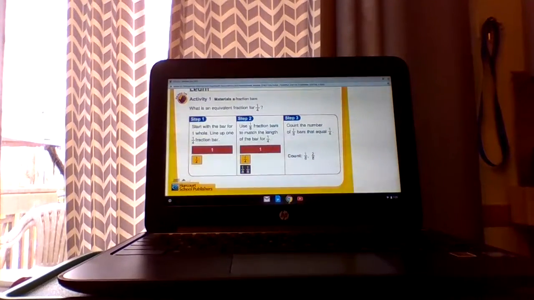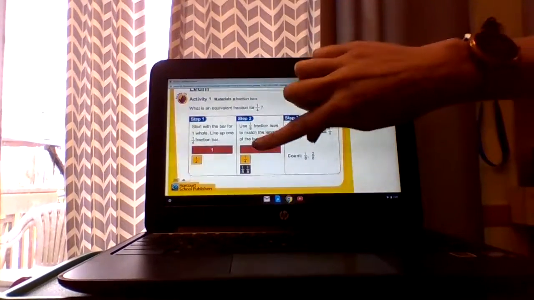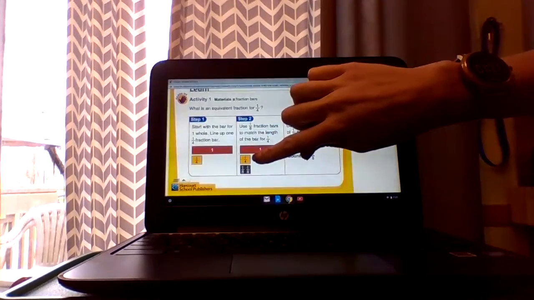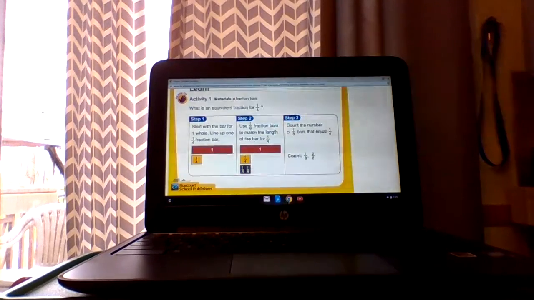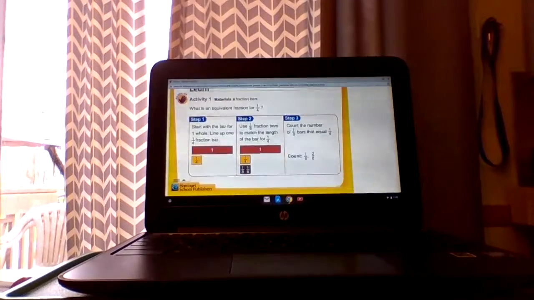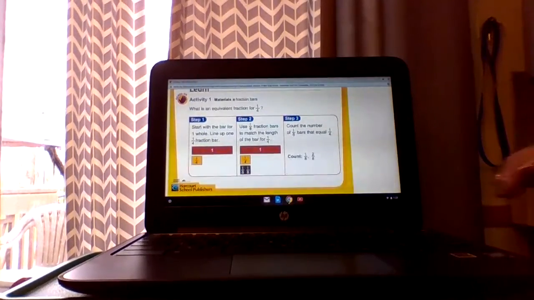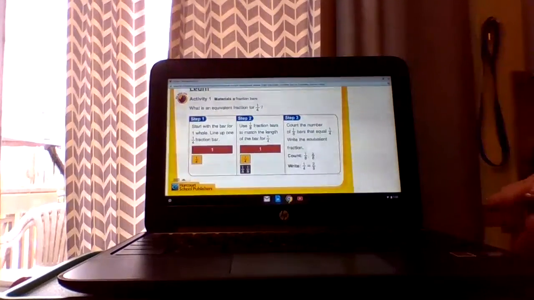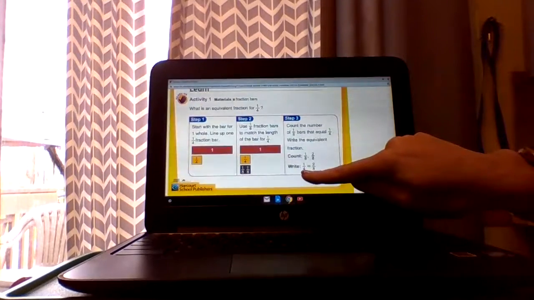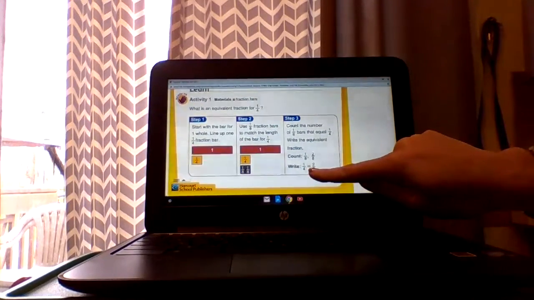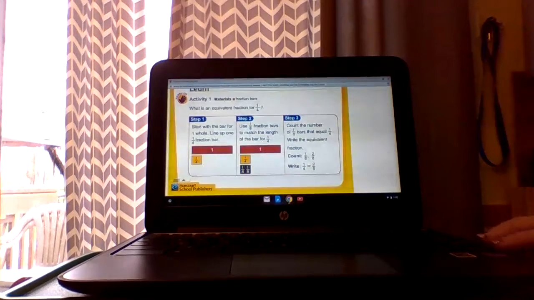That's 2/8. You know what that means? That's showing us right here that 1/4 is equivalent to 2/8. It's showing you that it's talking about the same amount, but they're different numbers. I love this. 1/4 is equal to 2/8.